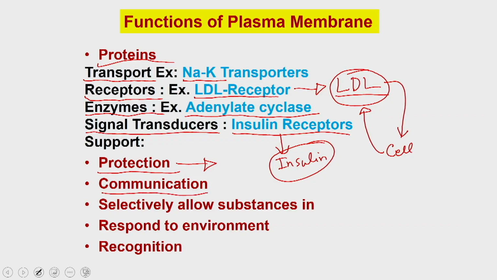Communication: the plasma membrane also contains different types of receptors or different types of ligand molecules. One classical example is the cadherin molecules or the integrin molecules, and all these molecules are used by the cell for communication purposes.